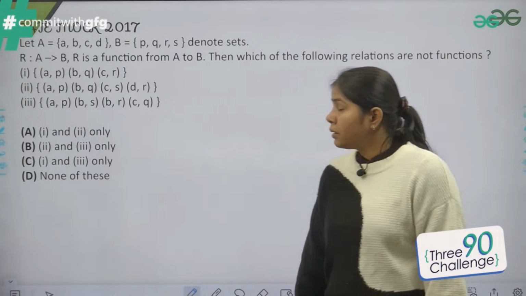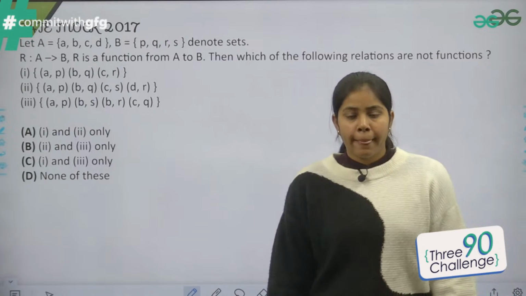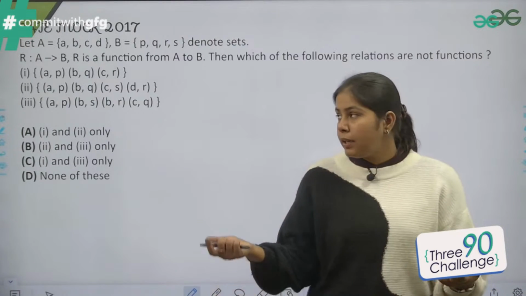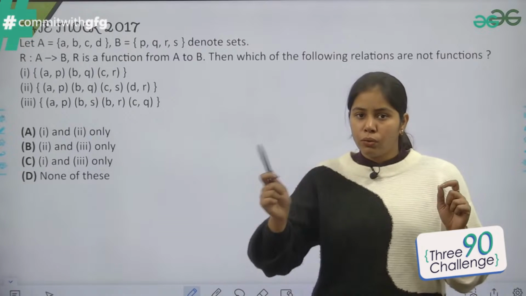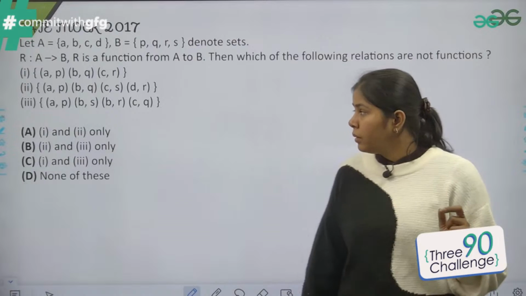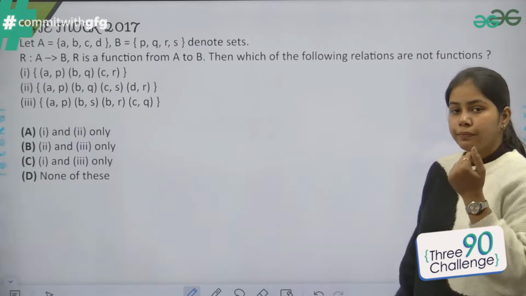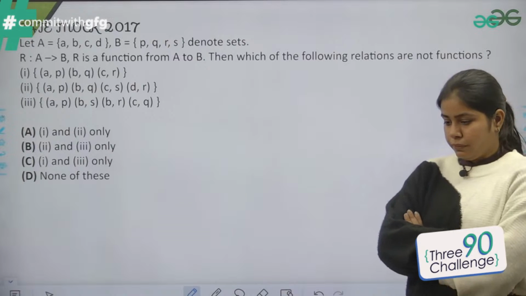Tell me, guys. A function has a definition. What is the function definition? It maps a single element, it cannot map a single element to 2 elements, right? And the domain must be completely used up. So let's see in which statement it's not matching.